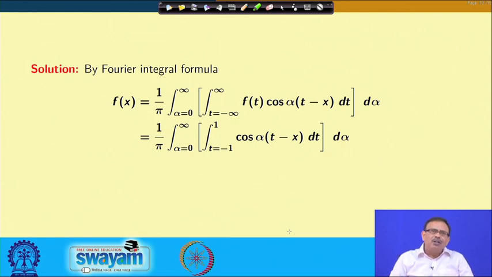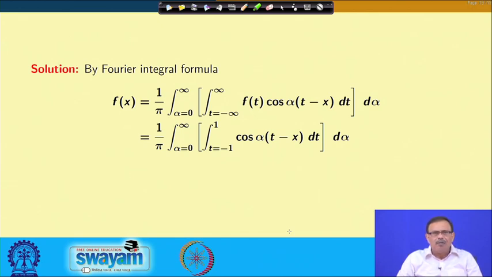So, now your function f(x) is defined as f(x) equals 1 whenever mod x is less than 1 and otherwise it is 0, that is, for mod x greater than 1 the value is 0. So, once I am using this, the limit of t will be restricted from minus 1 to 1 only, because from minus 1 to 1 your f(t) is 1 and in all other cases the value is 0.